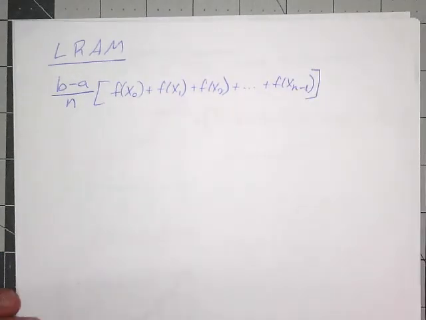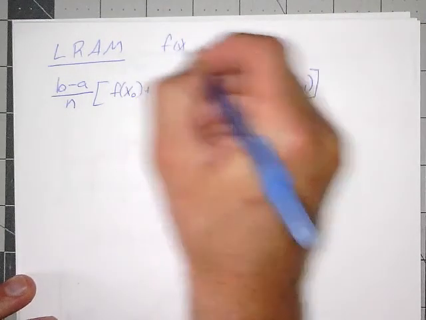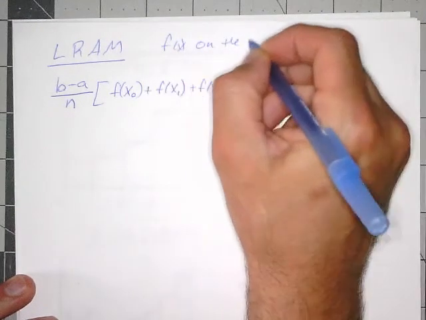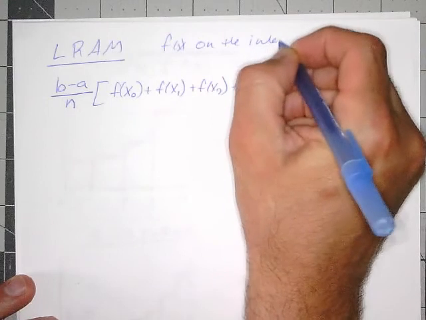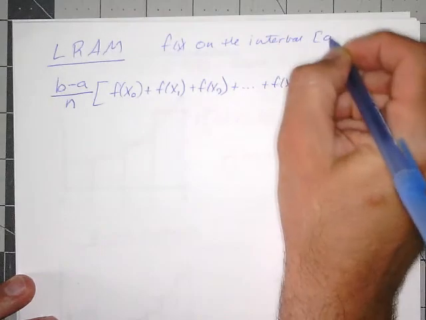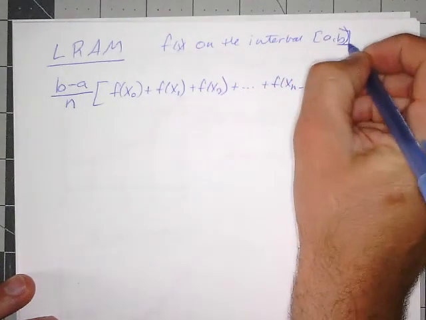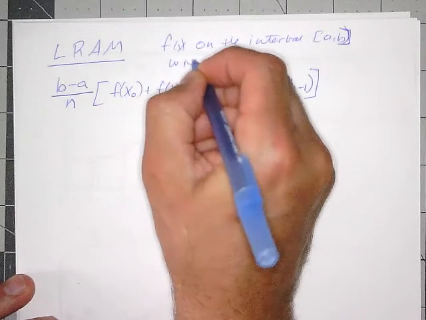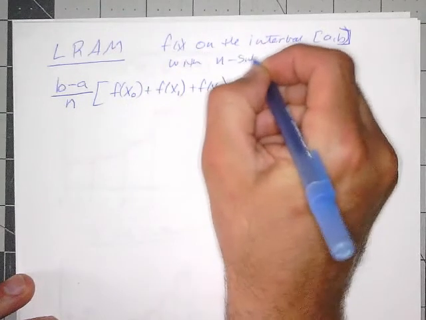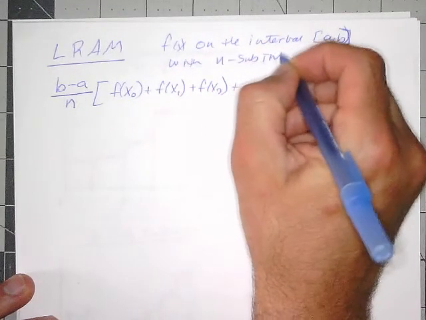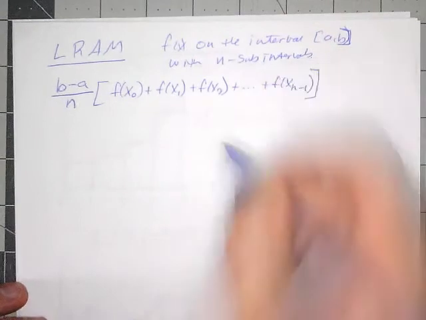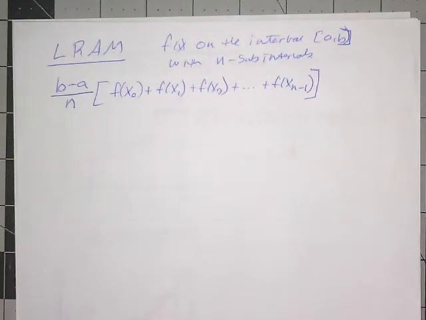So what we're doing here is finding the area underneath the curve on a closed interval from a to b. So if you're given f of x on the interval ab with n subintervals, these are the shortcut formulas to make life a little bit easier for you.